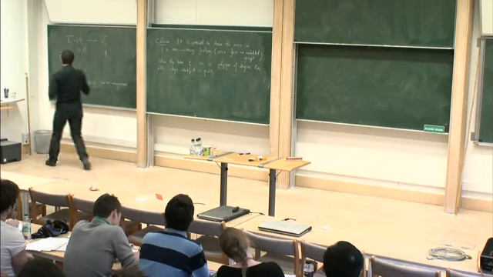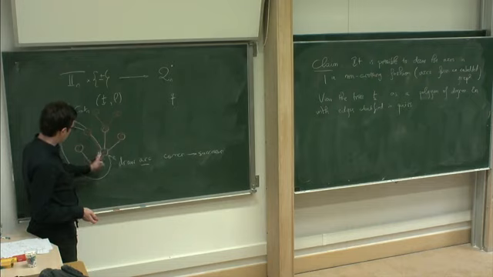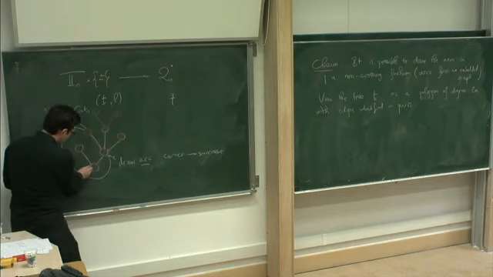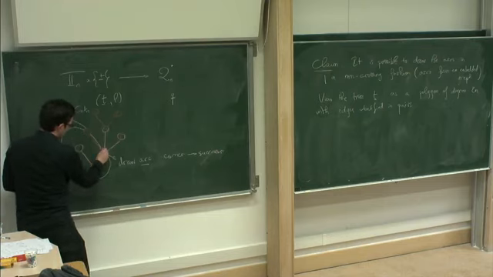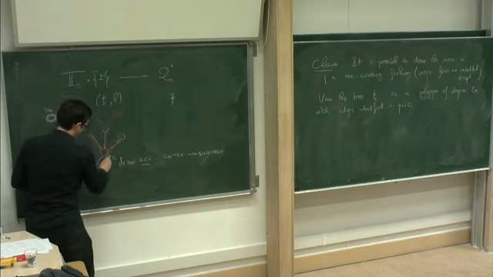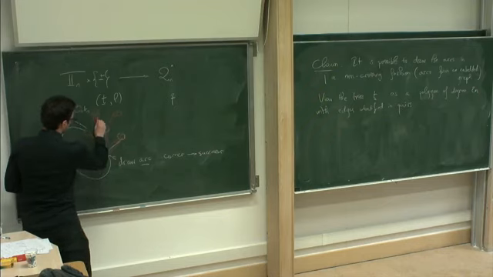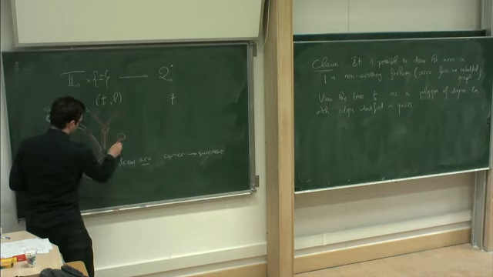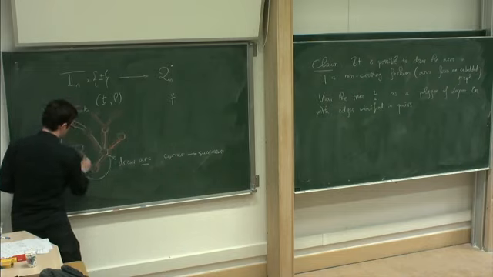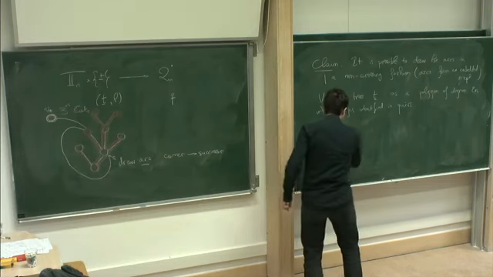So how do you do that? Well, you imagine that this blackboard is made of a sheet of paper, and you cut along the edges of the tree. So that means that you really duplicate all the edges of the tree in this way, and you really open up the tree. So the polygon is now this region, if you like. And then you unfold it. So you will obtain something like that.